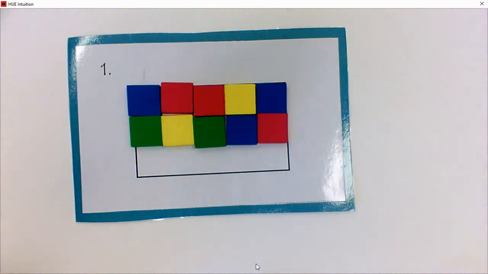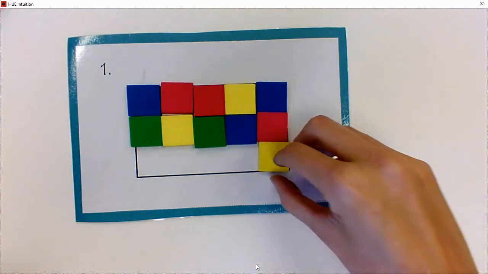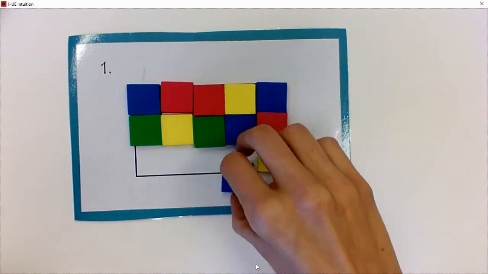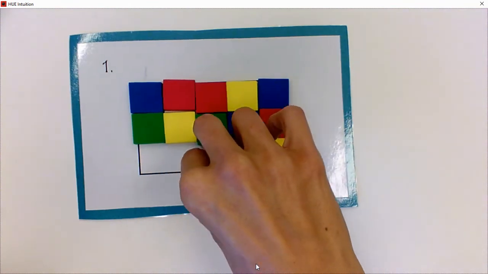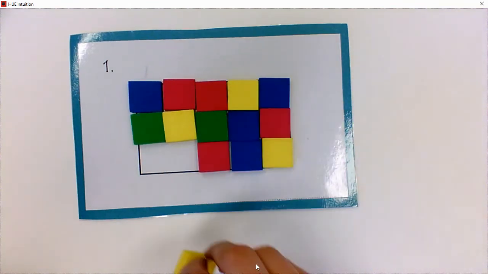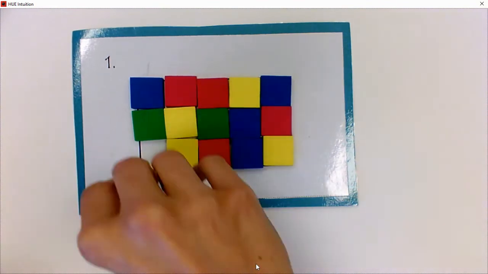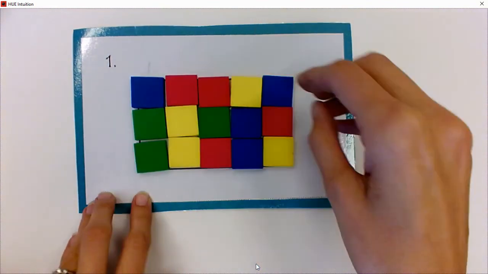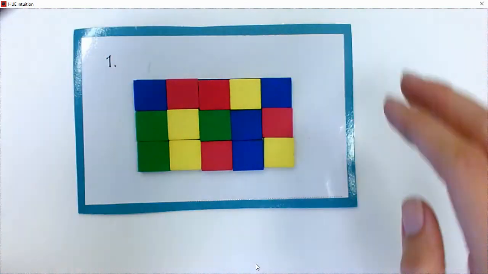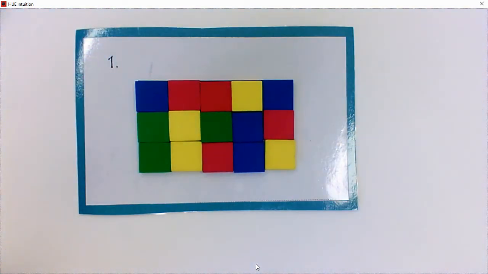Looks like I can fit one more row of tiles. Okay, now that I have my shape filled with tiles, I'm going to use them to find the area and the perimeter of this shape.